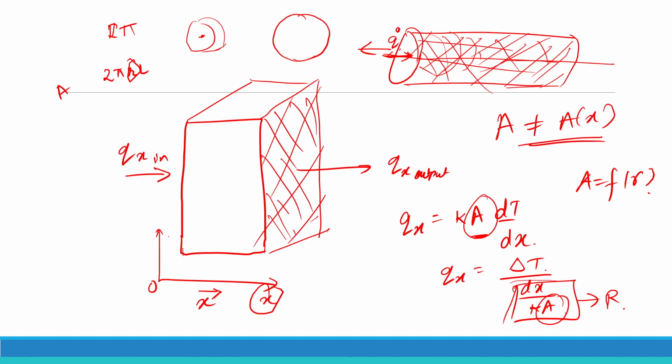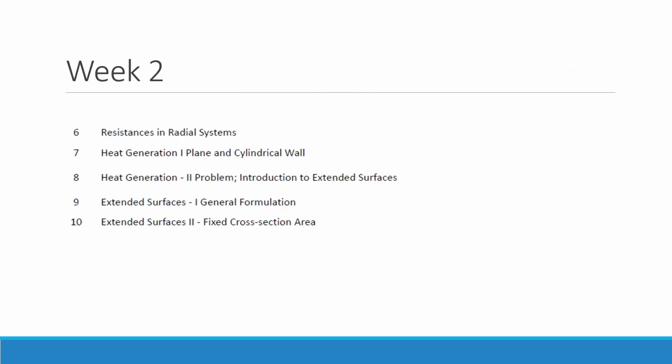What we need to do is consider an incremental element of width dr, and then integrate the area across the entire length. Keeping this fundamental in mind, we will move on to our next class.